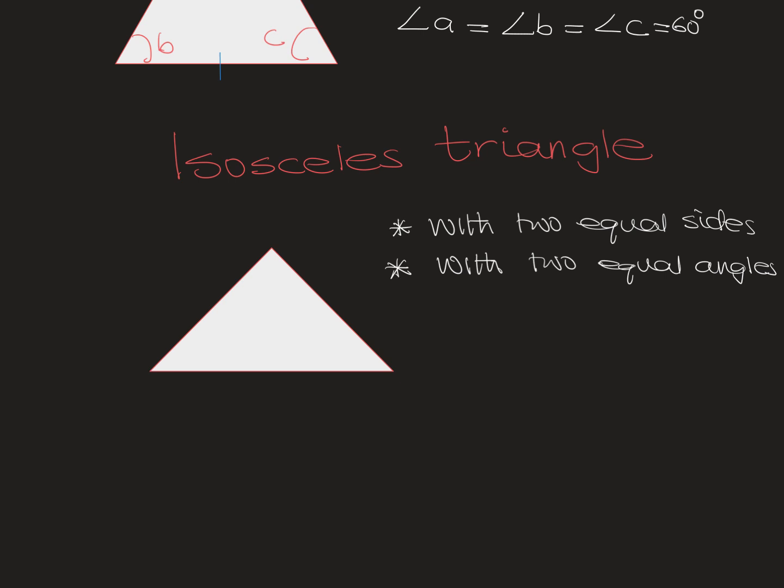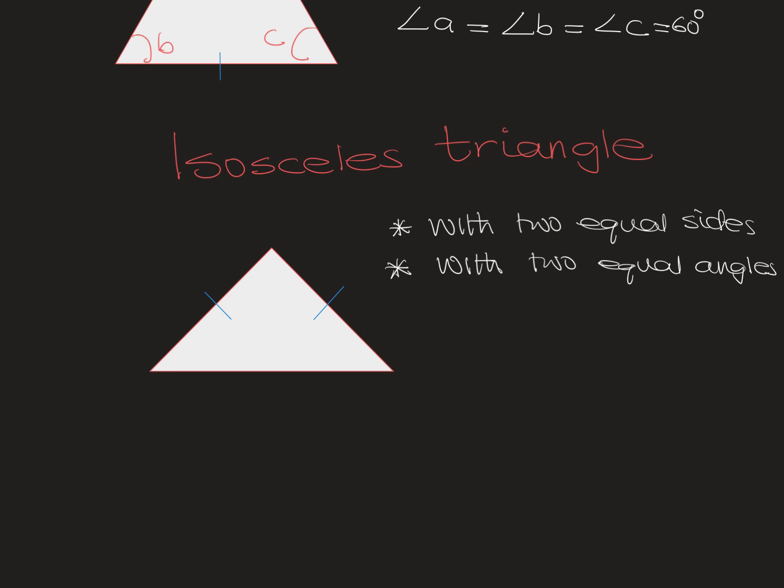And how do you identify an isosceles triangle? Because two of its sides are equal, it will be indicated with two lines. Okay, you're going to see two stroke lines on the triangle that we can indicate like this and this.